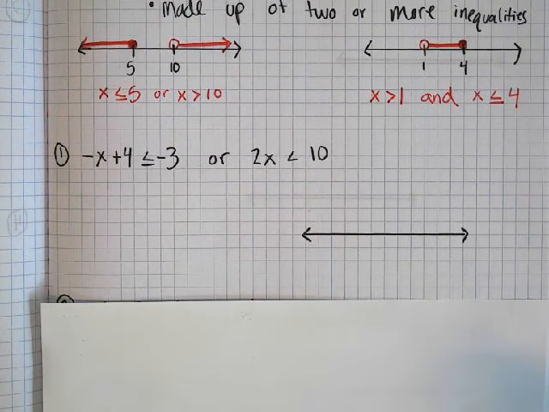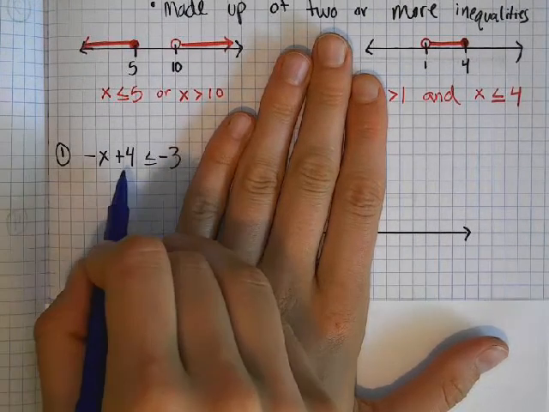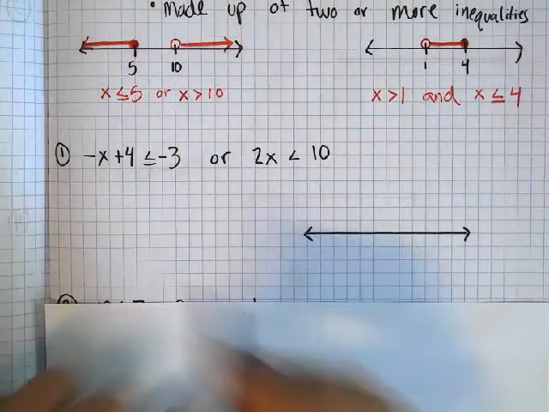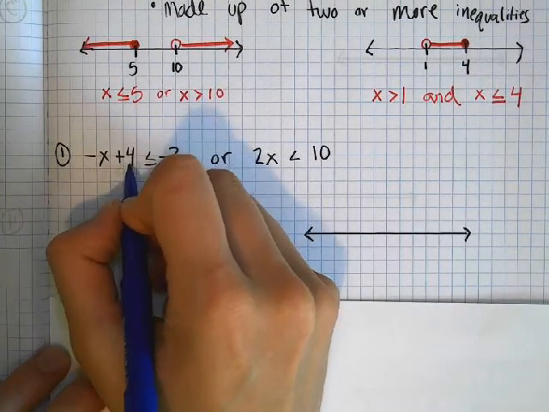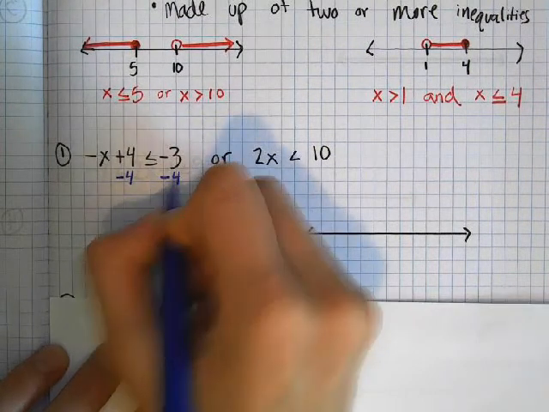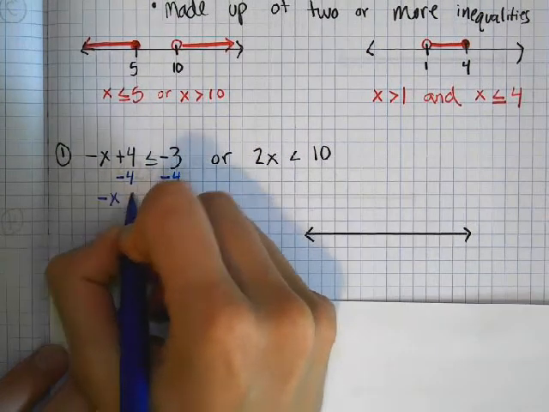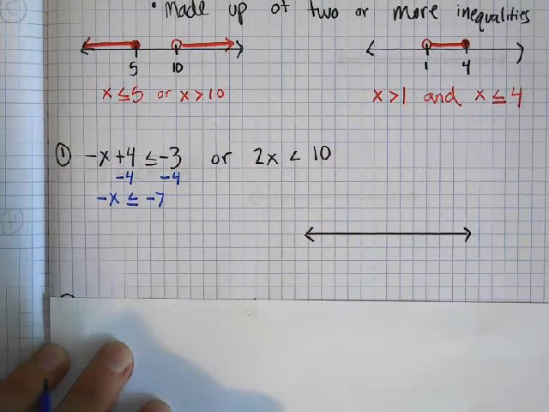So let's go ahead and solve one of these at a time. Forget about this guy and just solve one of these. So here, this is plus 4, so we're going to do the inverse operation, which is minus 4. So we've got negative x is less than or equal to negative 7.